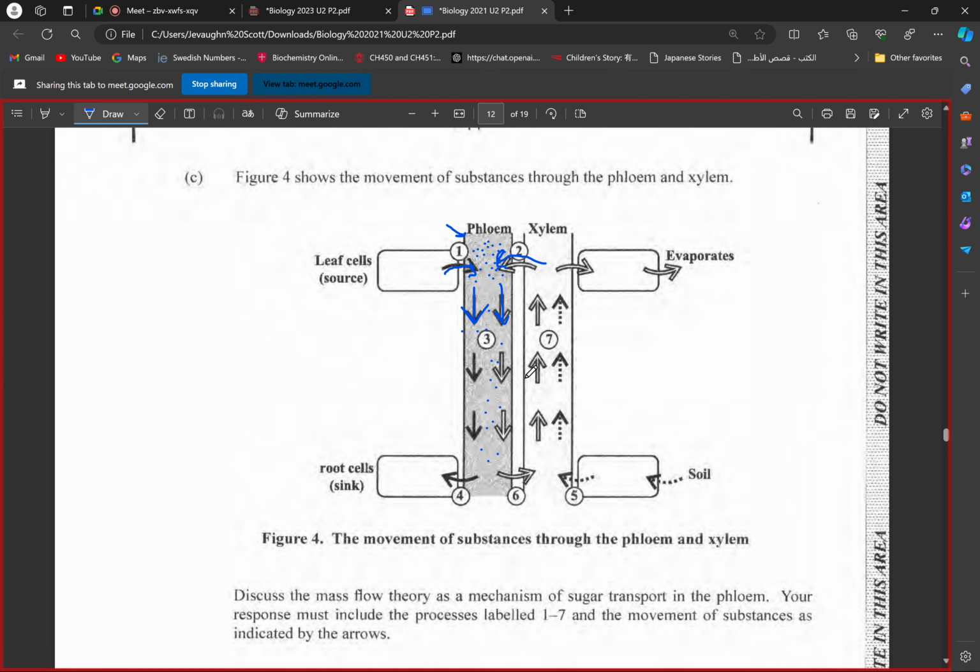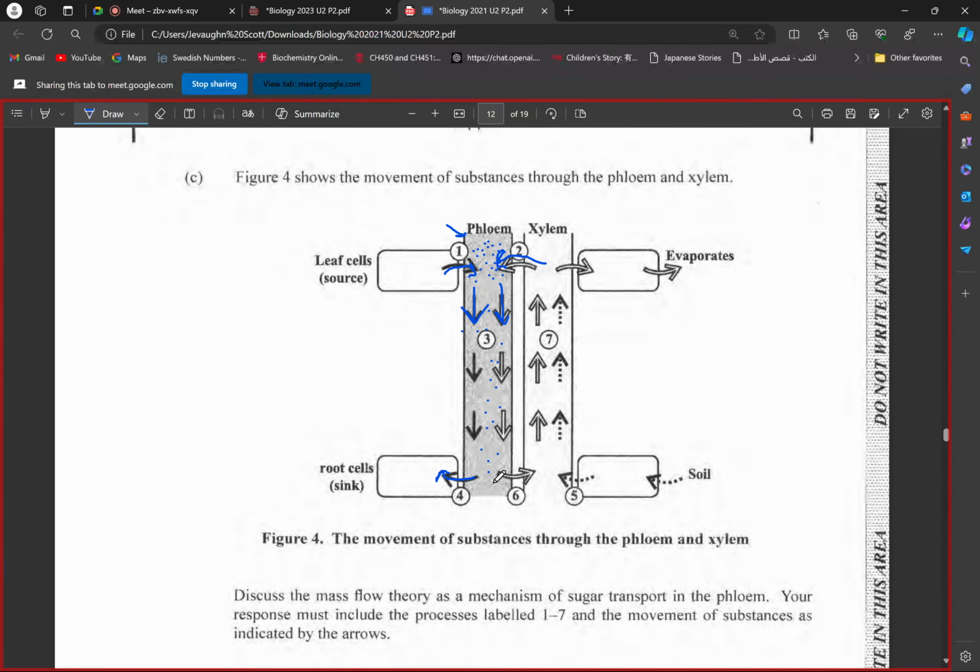And because now we're decreasing the concentration of sucrose in this area, it will slowly start to increase the water potential and actually allow for water to move back here into the xylem. So I explained the phloem part.